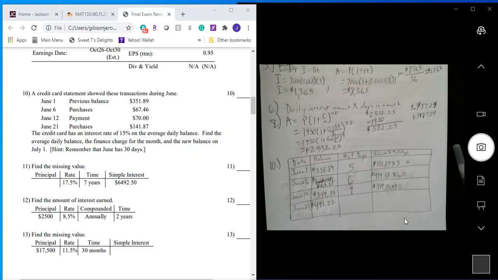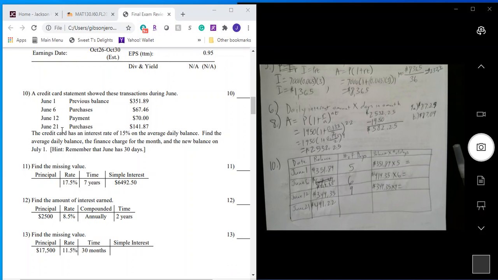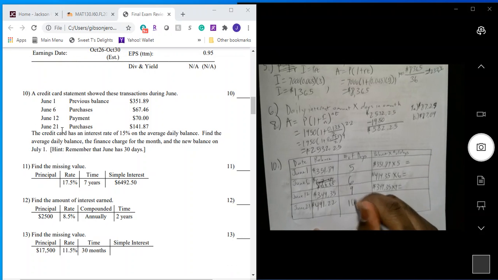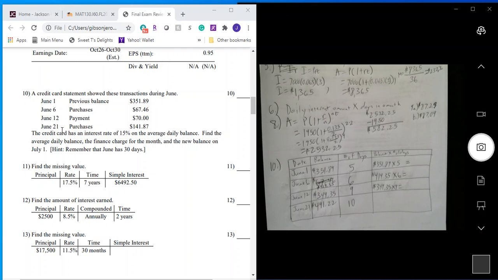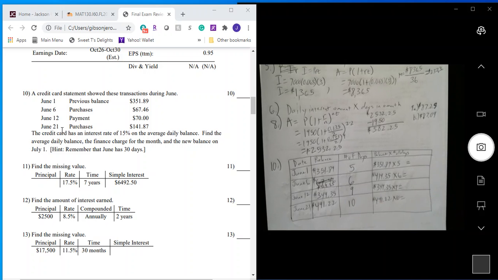And then how many days? Since June has 30 days, we'll go from 21 to 30, which would be 10 days. So we'll have $491.22 times 10.